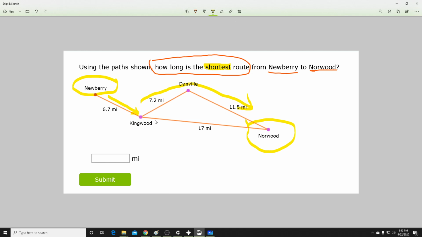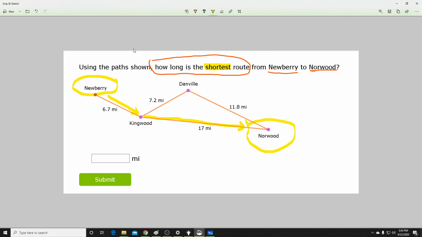The quickest way is just to walk straight there, or to drive straight there, whatever we're doing for this. So I'm going to get rid of what I wrote in, and we're going to take the quick way, because we don't have any reason to go to Danville. We're trying to get to Norwood as fast as possible, taking the shortest route, the quickest route, smallest route.